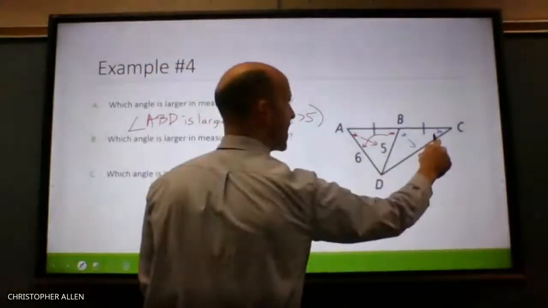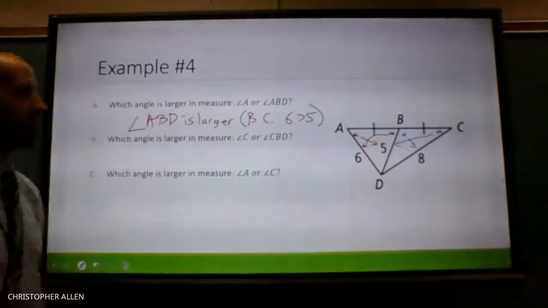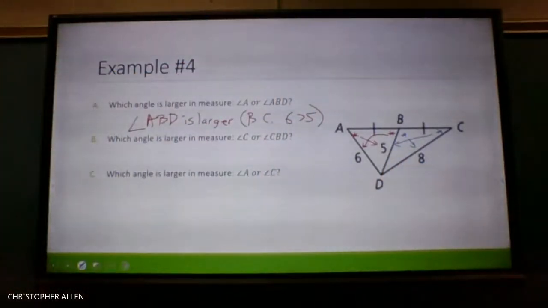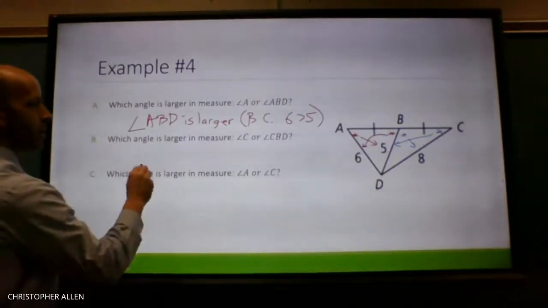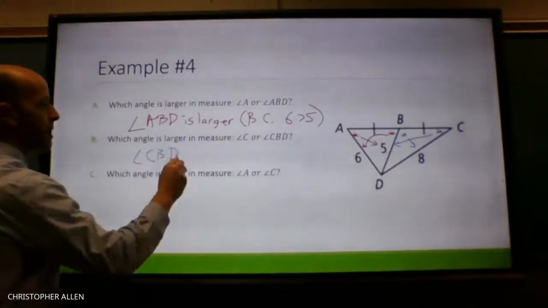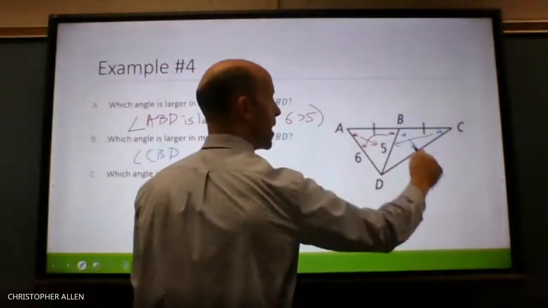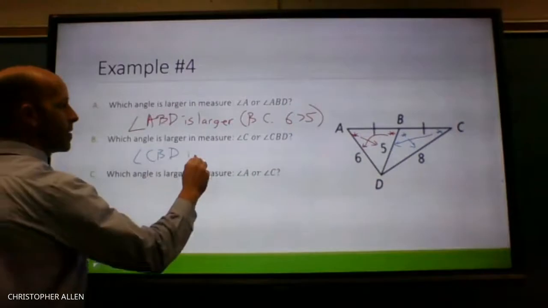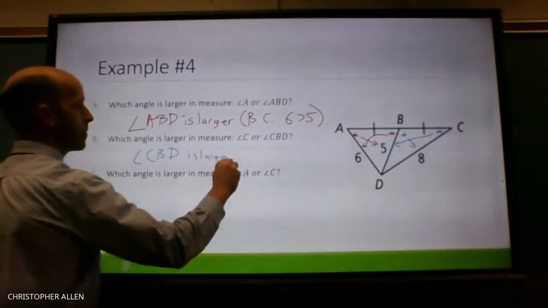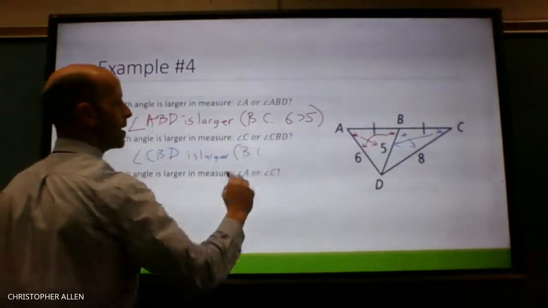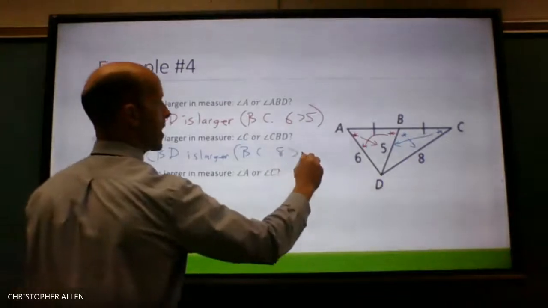Across from angle C, that's 5. So guess which angle has to be larger? Well, of course, angle CBD. Angle CBD is across from the longer side, because 8 is greater than 5.